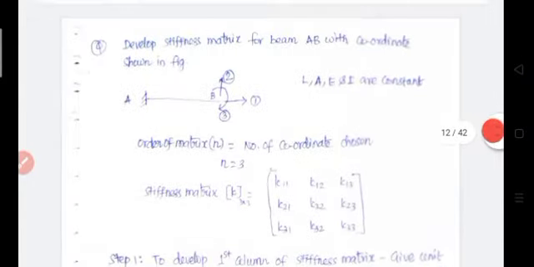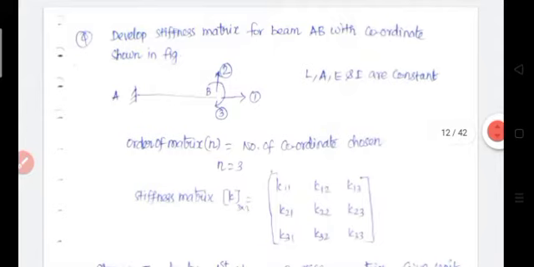Let us see an example to understand this concept easily. The question is: develop the stiffness matrix for beam AB with the coordinates shown in the figure. It is a cantilever beam, with one end fixed and the other end free.